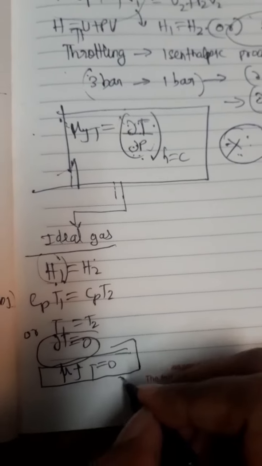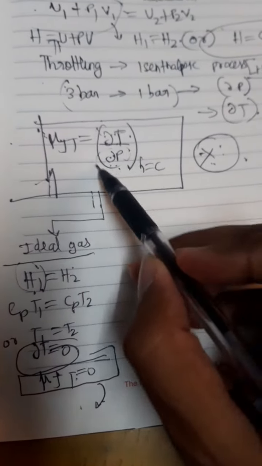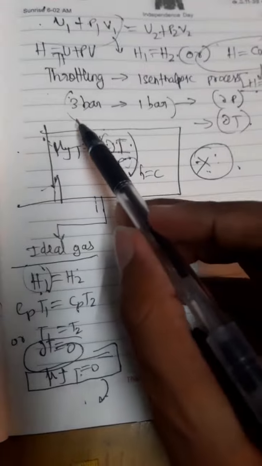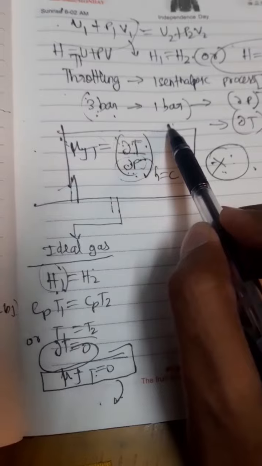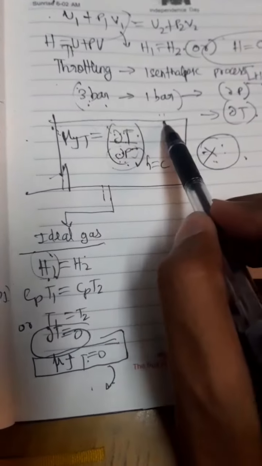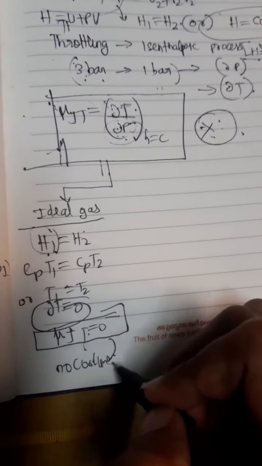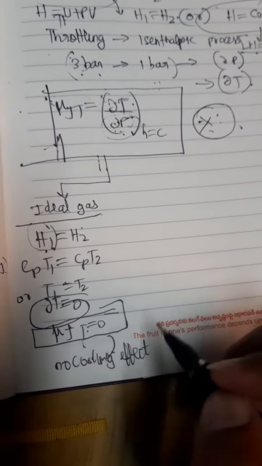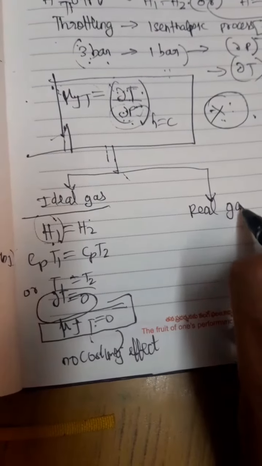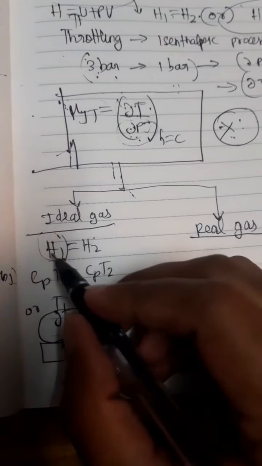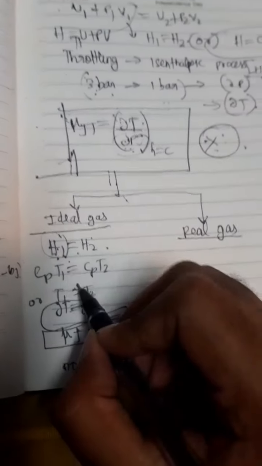The physical meaning of this zero Joule Thomson coefficient is that no matter how you expand the ideal gas, even if you decrease the pressure from 3 bar to 1 bar or 2 bar to 1.5 bar, there will be no drop in temperature and no cooling effect. But for a real gas, we know that H1 is equal to H2, and for a real gas, enthalpy is not just a function of temperature.